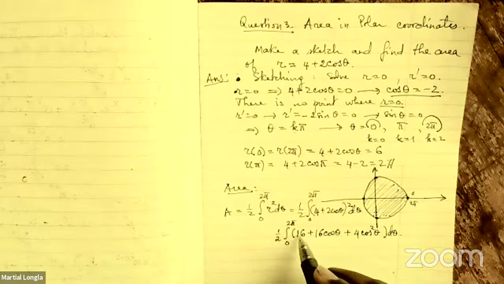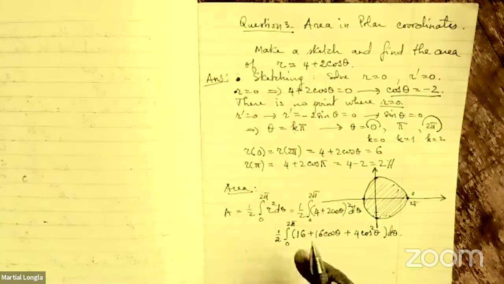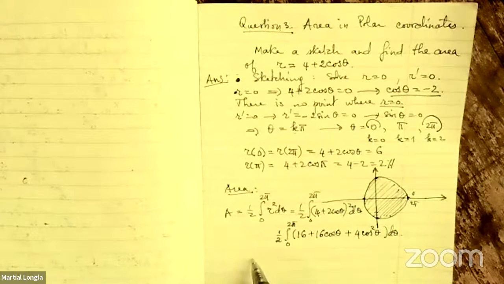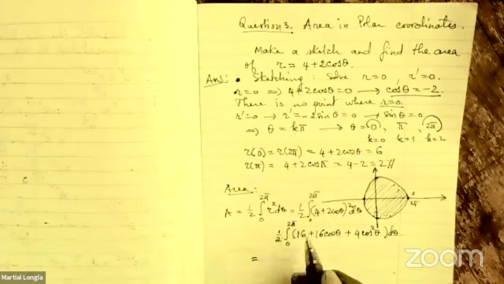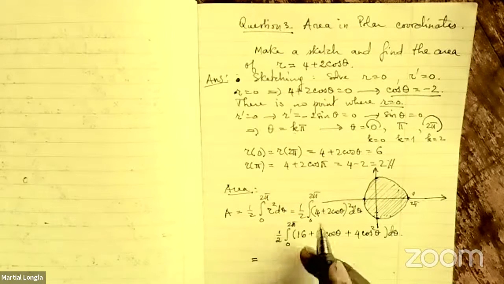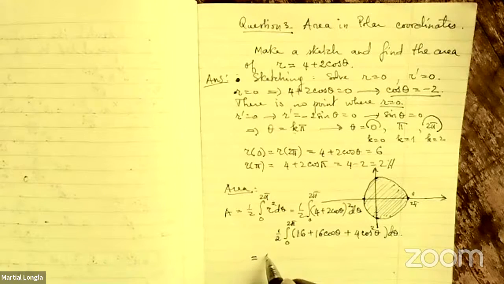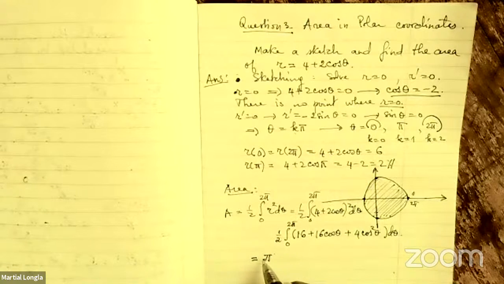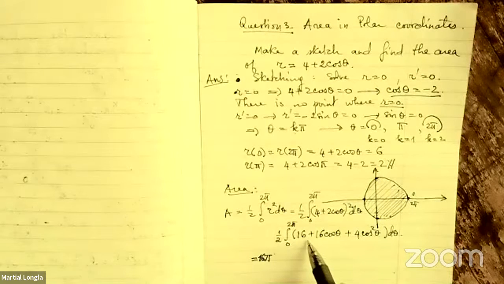The integral of 16 is 16 theta. You plug in 0 and 2 pi and divide by 2, so you get 16 pi for the first part. Plus, the integral of cosine is sine.